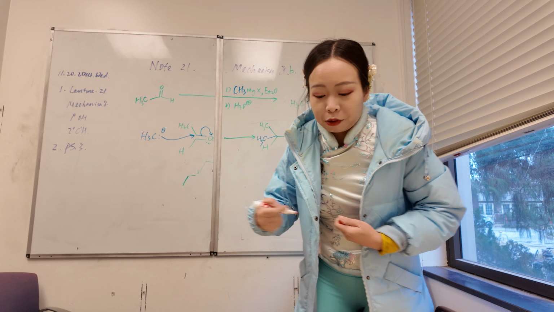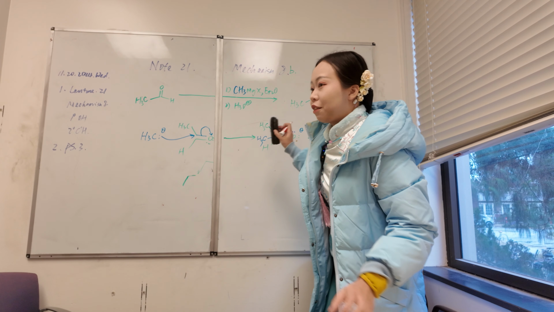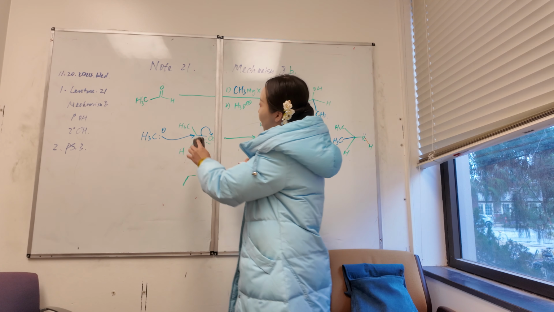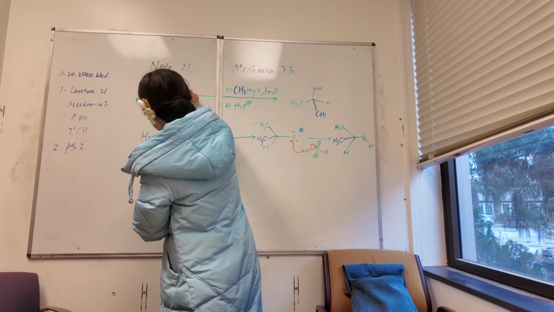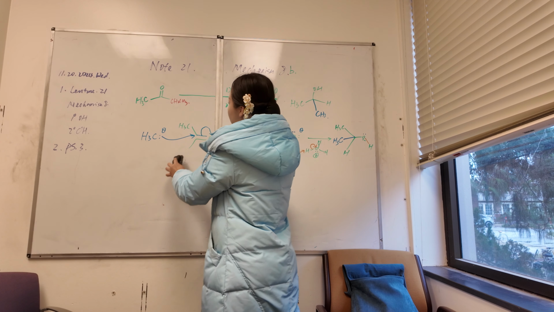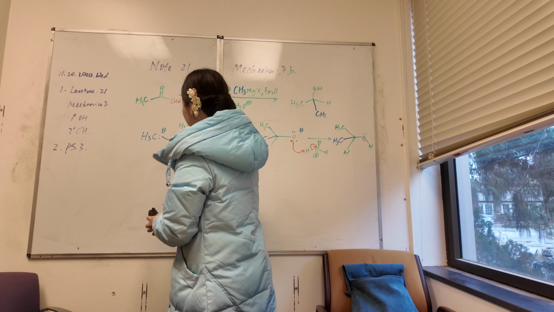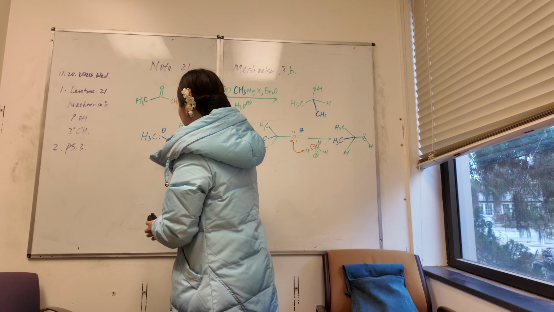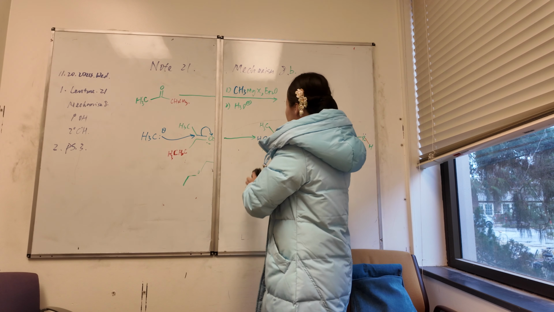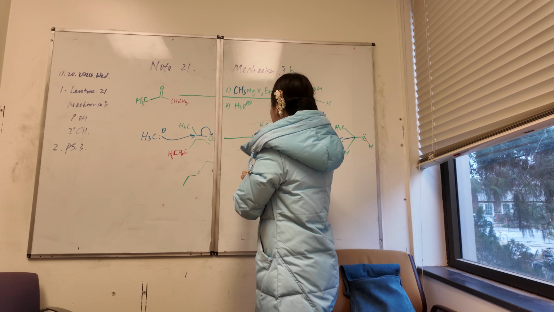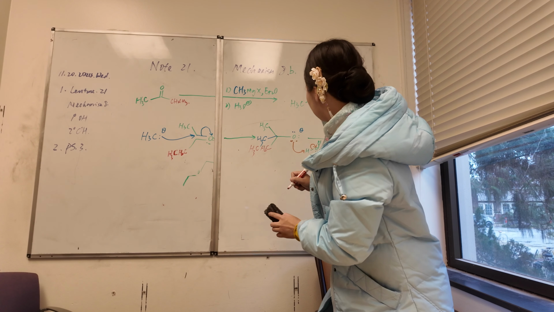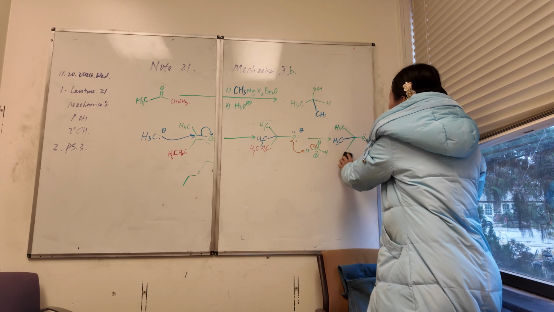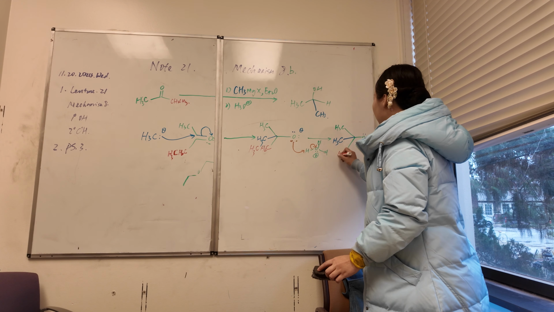If you're here for a long time, you know me, right? I like to change stuff. If I change this one into CH2CH3, then it just changes here to CH2CH3. All right, so this hydrogen becomes CH2CH3, right? It's not attacking anything else, okay?